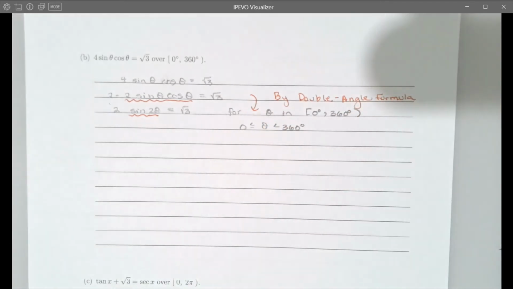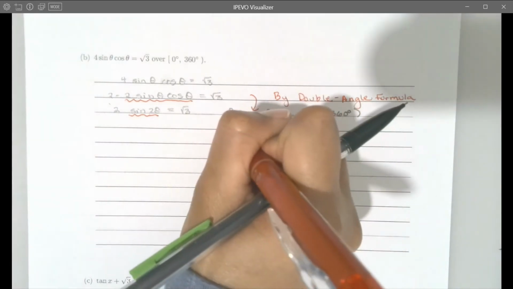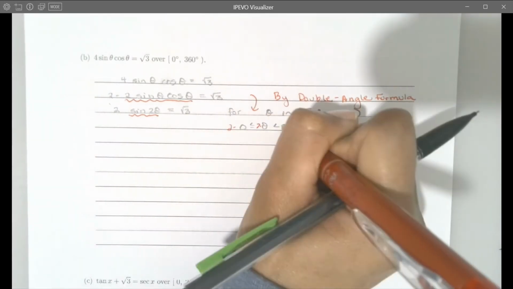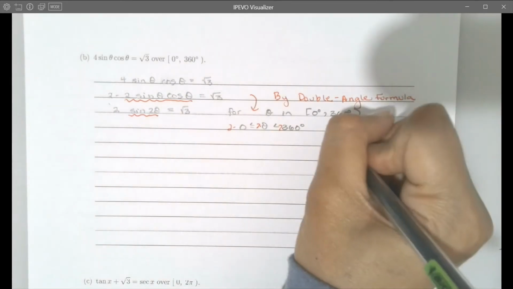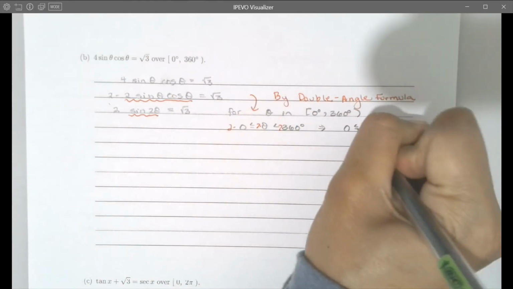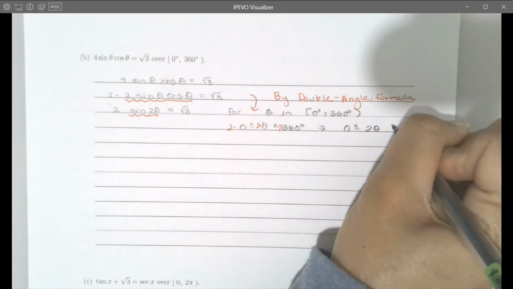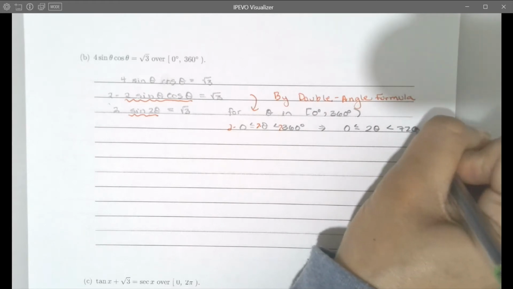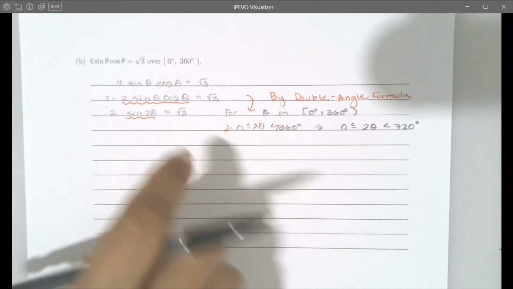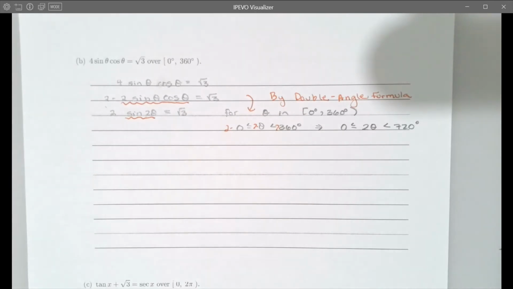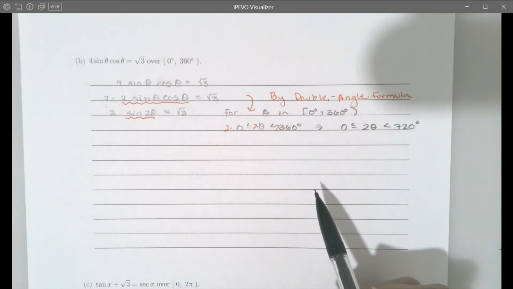If we multiply all three parts of the inequality by 2, we're going to get that 0 is less than or equal to 2 theta, which is less than 720. So when we solve for the final angle, we want to make sure that we take a look at all of the angles between 0 and 720.